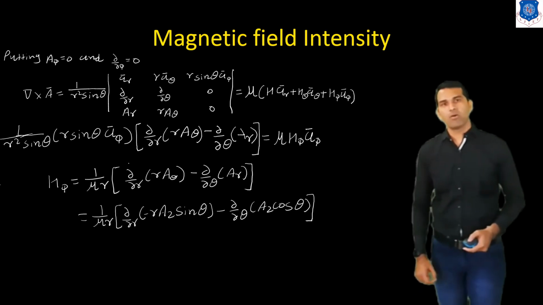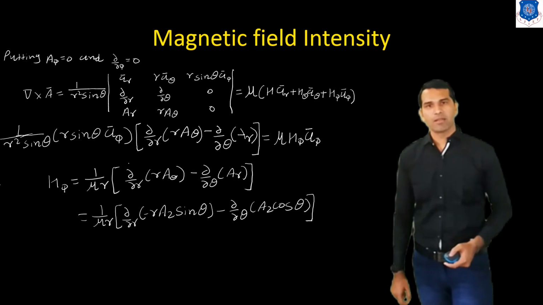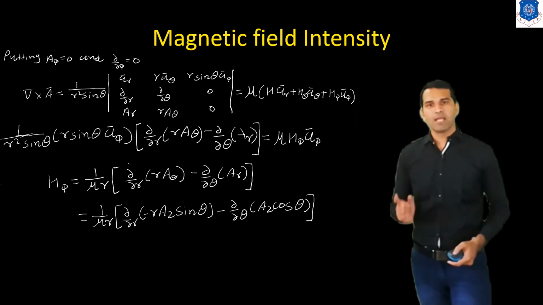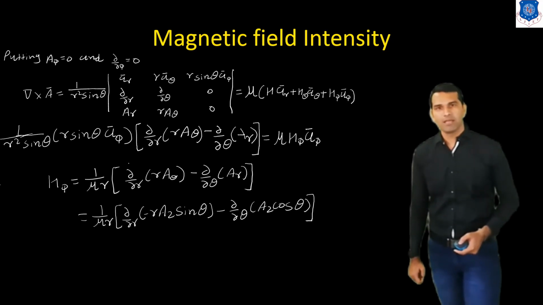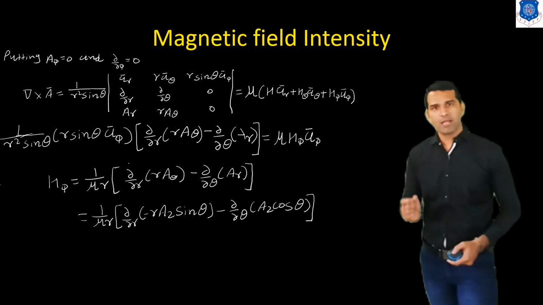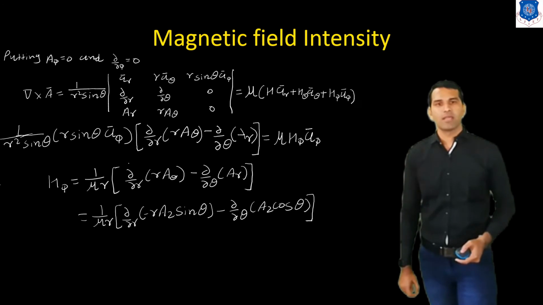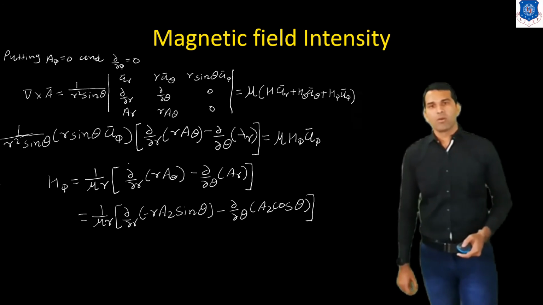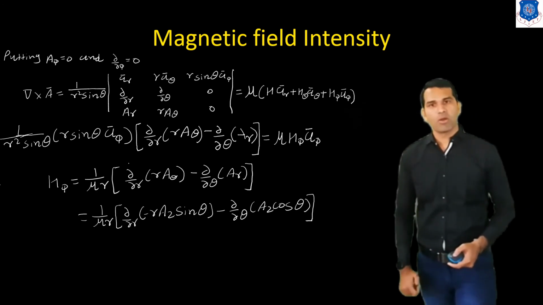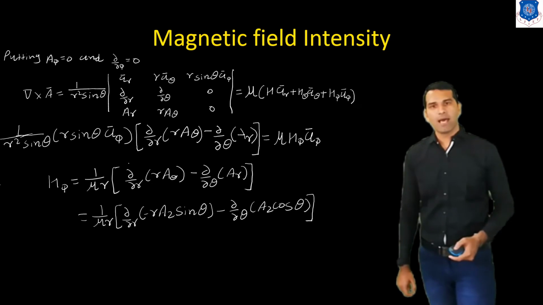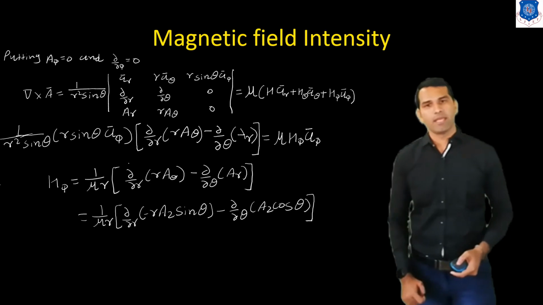So 1 upon r square sin theta, r sin theta a phi, del by del r of r A theta minus del by del theta of Ar. And from here, on the right hand side, we can write mu H phi a phi. So here we can write H phi is equal to 1 upon mu r, del by del r of r A theta minus del by del theta of Ar.